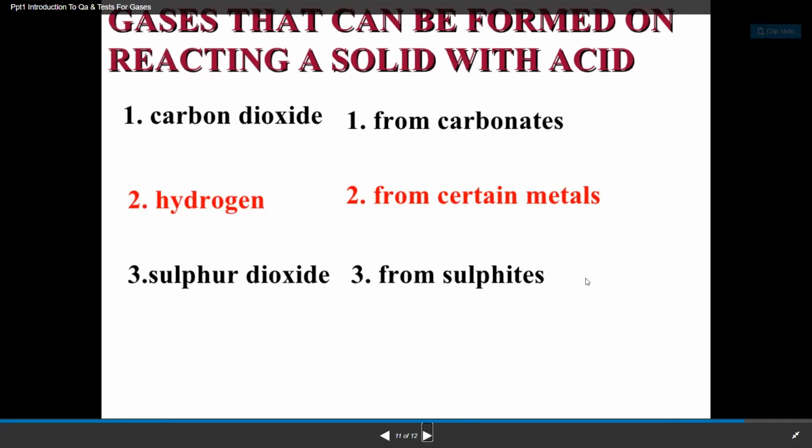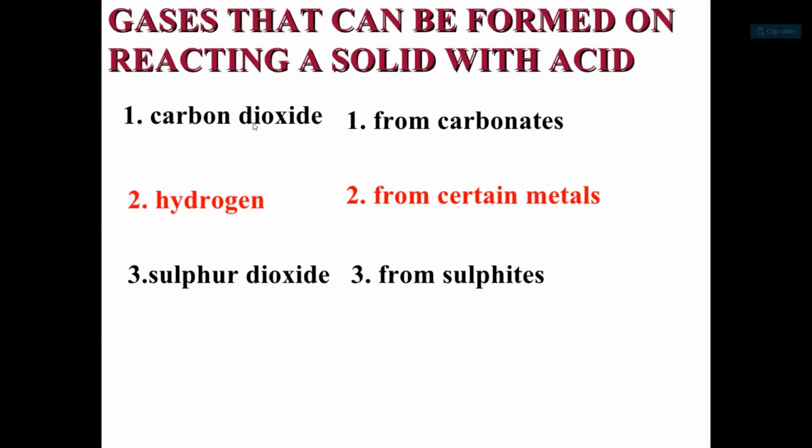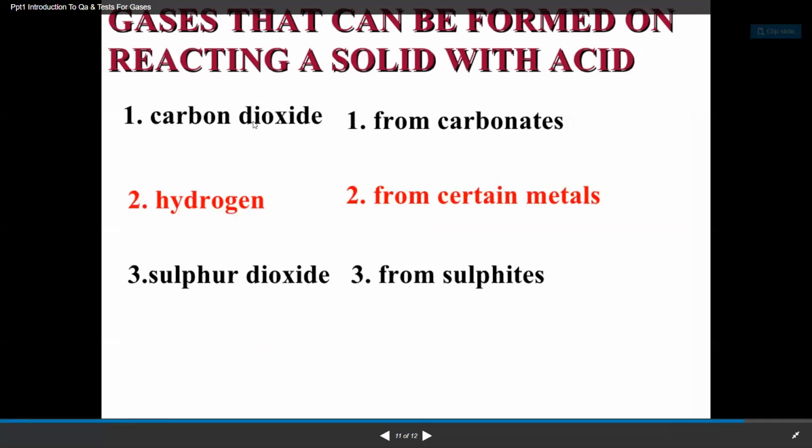Next slide: gases that can be formed when reacting a solid with acid. Carbon dioxide gas can be formed when acid reacts with some of the carbonates. Hydrogen gas can be formed when acids react with certain metals, and sulfur dioxide is formed when acid reacts with sulfides.